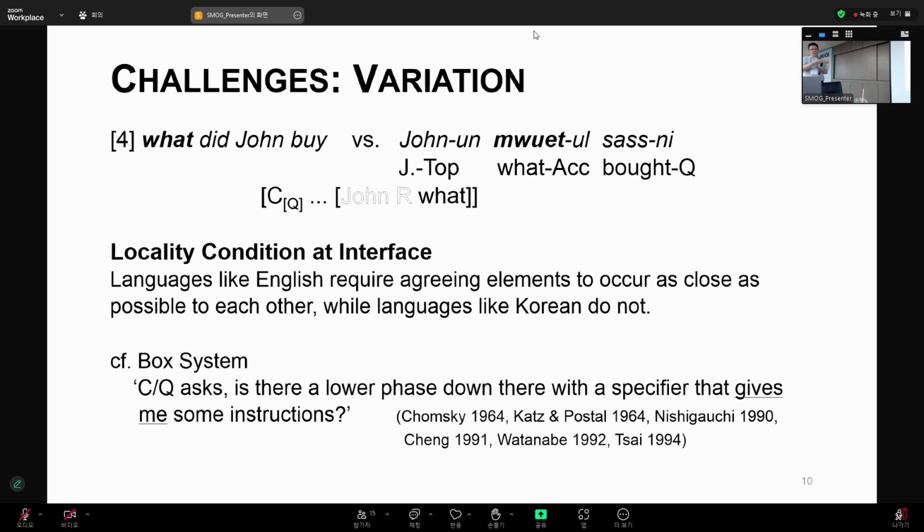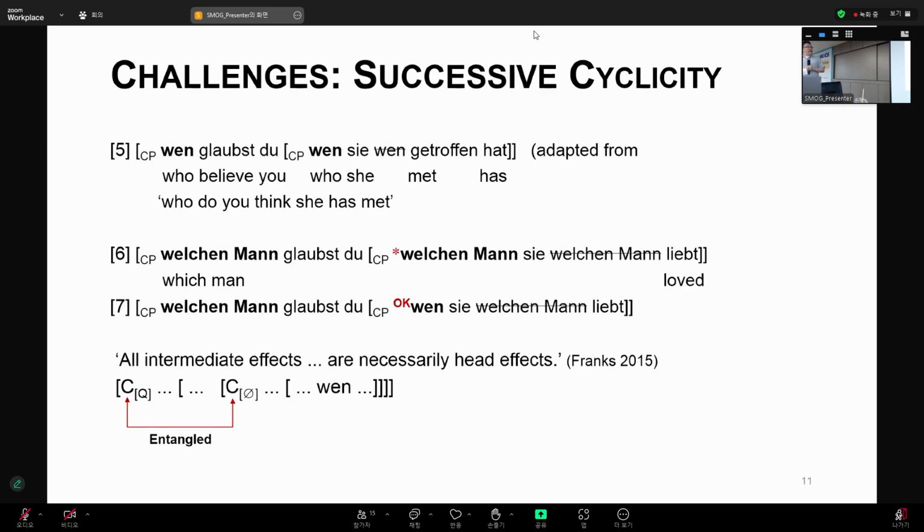As I said, this is just a temporary proposal or idea. And perhaps the biggest challenge to my dynamic model, or to any other model, comes from the effect of successive cyclicity. German is one of the famous languages where the overt manifestation of successive cyclicity appears in the intermediate spec of CP.